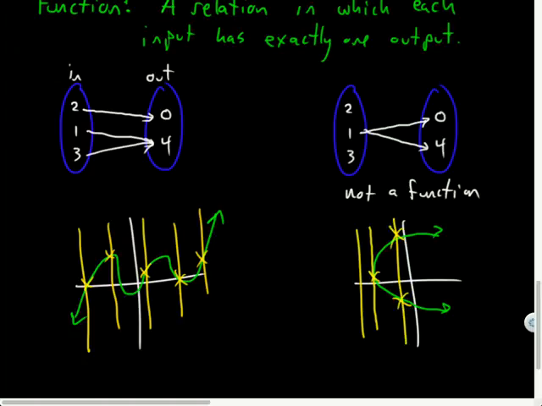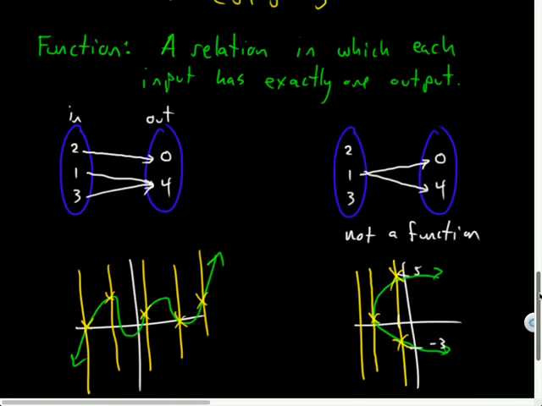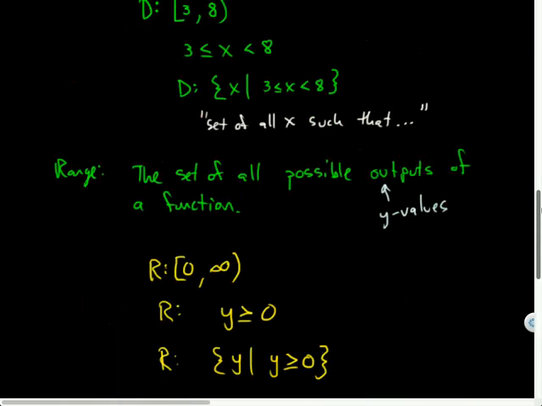Because what if graphically this was at -1, this was say +5, this was -3 or something. If I said I give you -1, what do you give me? Your outputs are 5 or -3. It's not a function. So it's kind of how we classify functions. Not too big of a deal, but I might as well give you that little background check there.